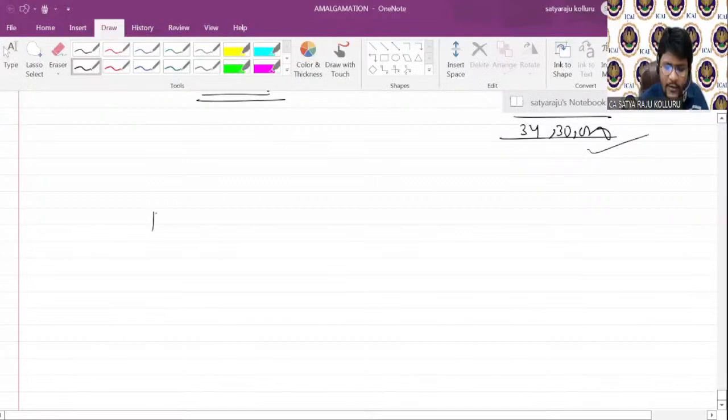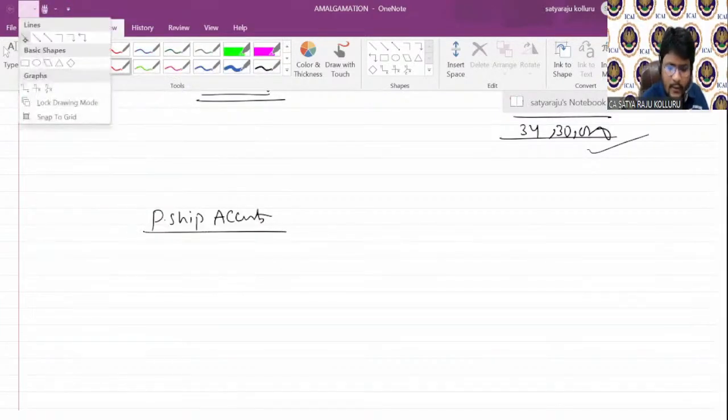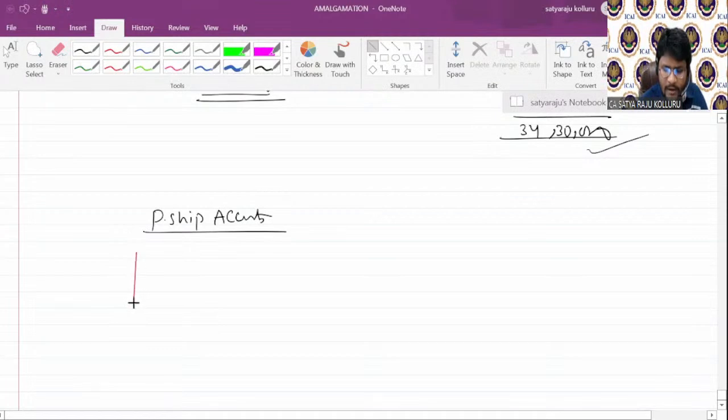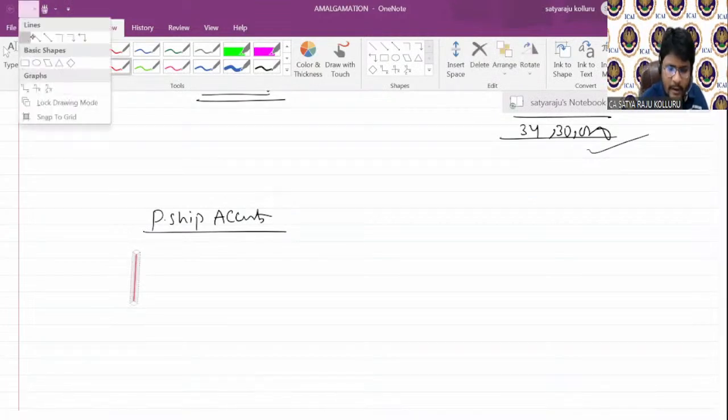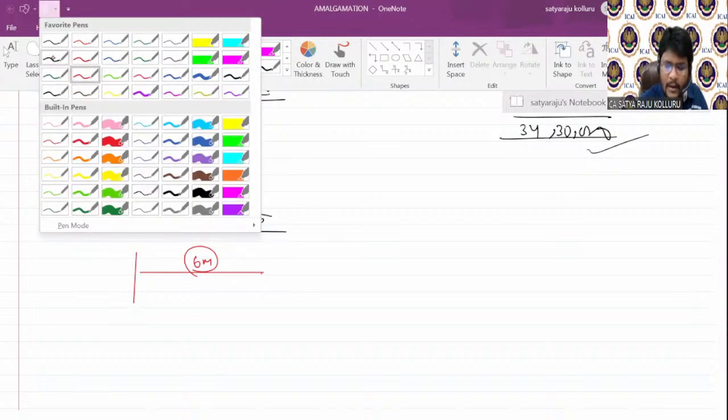In case of partnership accounts also, what happens? The partnership business starts here, which is the initial point of time. It will continue for a certain time period, say 6 months. After that, at the end of the 6 months, what will happen?